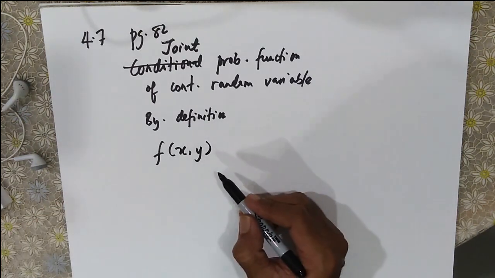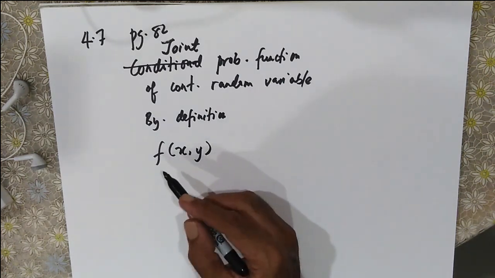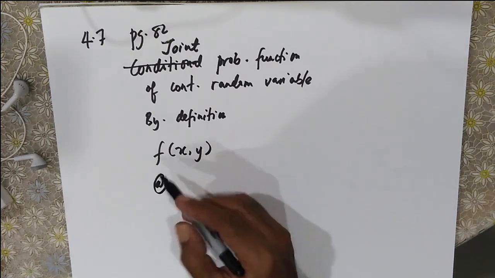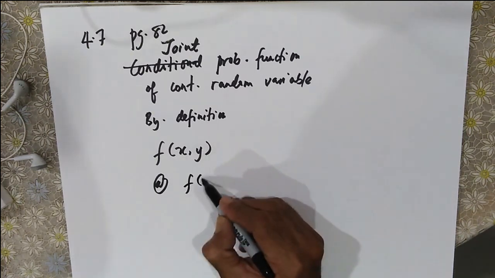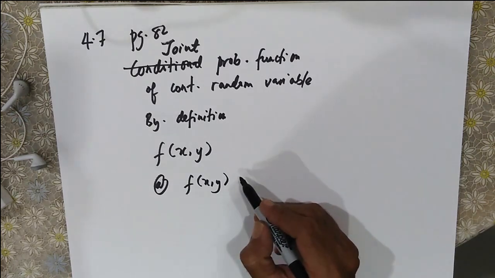These are probability functions. So if I want to find the joint probability here, by definition f(x,y) must be greater than 0.